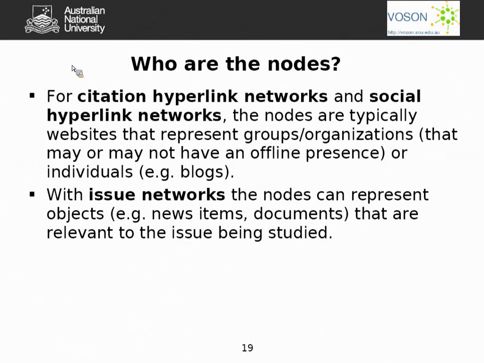Some of these may have an offline presence, or they may not have an offline presence. With an issue network, the nodes can represent a much greater number of actors or types of actors. They can represent news items or documents. And as I said before, they can also represent actors who are on opposing sides of the issue.